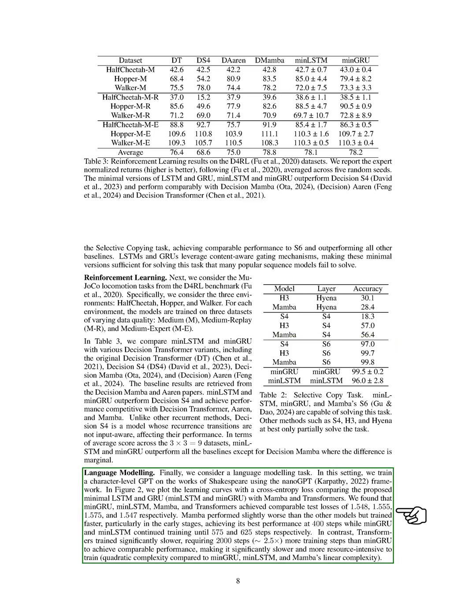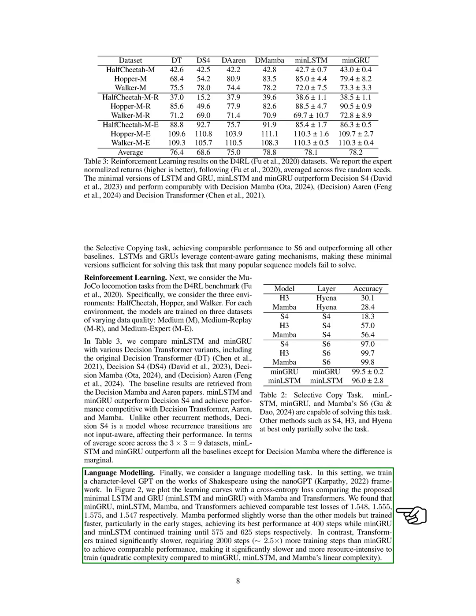Finally, we address a language modeling task where we train a character-level GPT on Shakespeare's works using the NanoGPT framework. We present learning curves comparing min LSTM and min GRU with Mamba and Transformers.